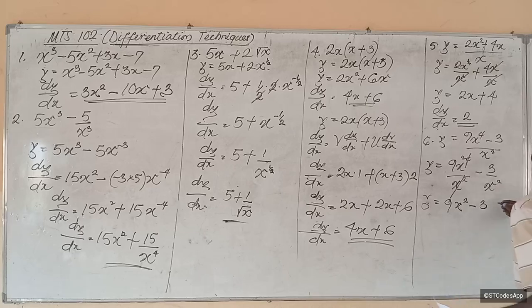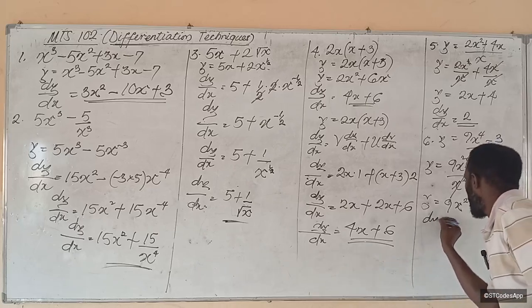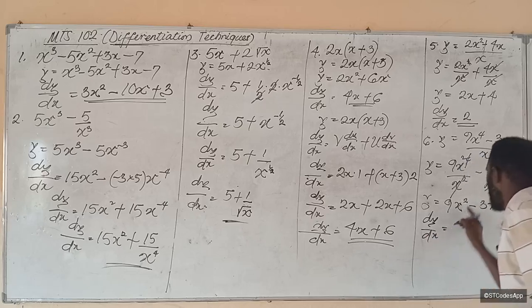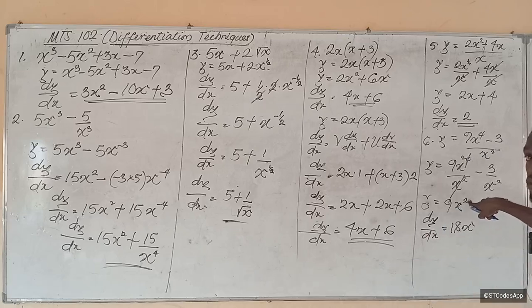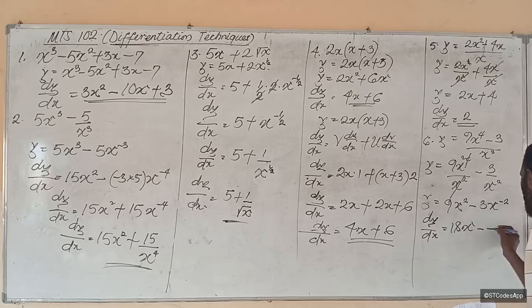I'll bring this guy up: 3x raised to the power minus 2 in this case. So if that is the case, then dy dx will now become, this multiplies this, 18x, remember? Then reduce this one by 1, remains 1, right? Minus, this multiplies this, so it gives us minus 6, then x raised to the power, this reduces by 1, just minus 1, that will be minus 3.